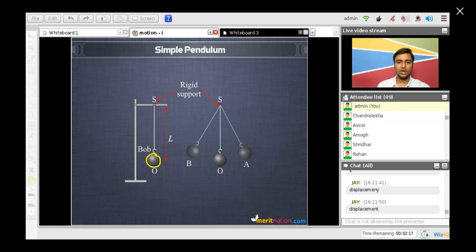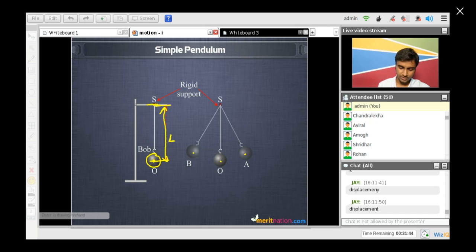Now the length from the center point of the bob to the point of suspension is the length of the pendulum. So this length, from the center to this point where it is fixed, is called the length of the pendulum. In this case also, this is the center, and this is the center.